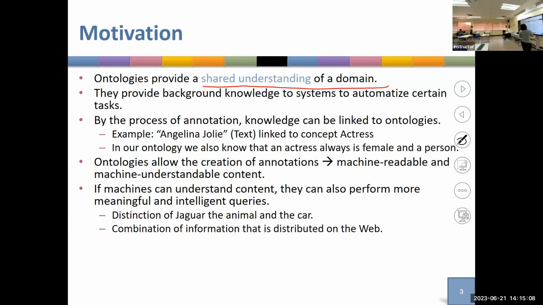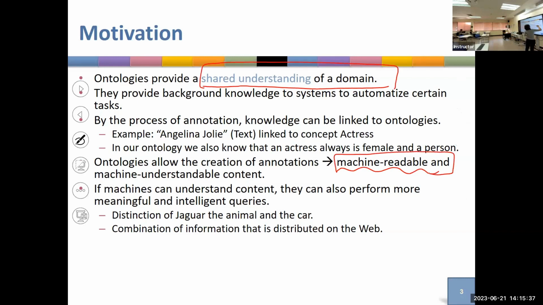And how it is related to our semantic web technologies is that with ontology, we can provide machine readable and machine understandable content. So the focus is to make this shared understanding of a domain in a way that can be used for machine to process the content.